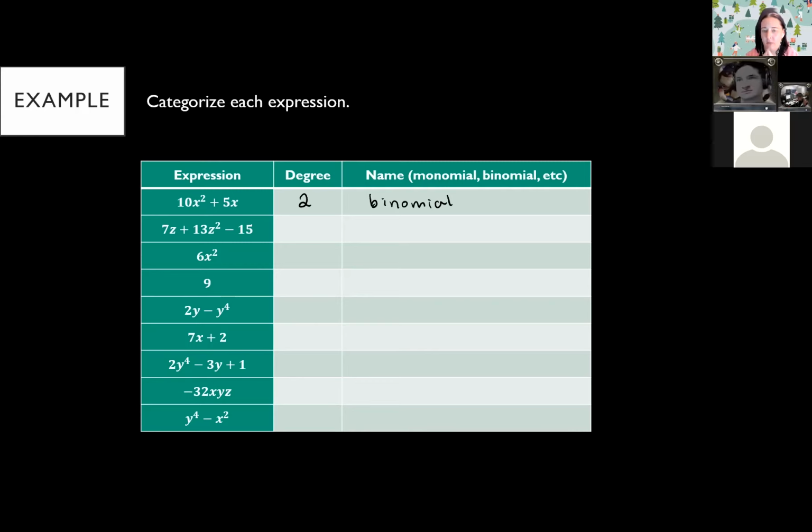Okay, next one, we have 7z plus 13z squared minus 15. So I see we've got a 2 for the degree, because that also has a highest exponent of 2. This one has 3 terms. We've got a plus and a minus symbol, so there's 2 separations, which means we have 3 things. So this is a trinomial.